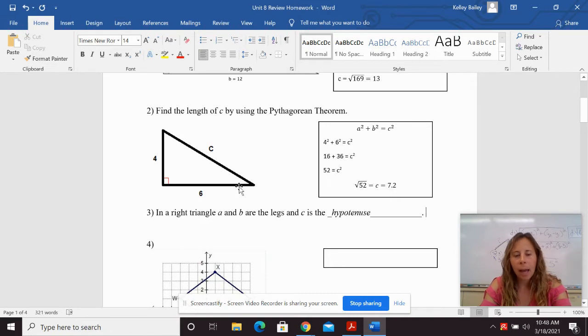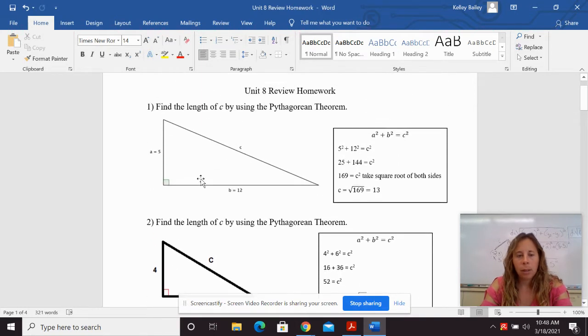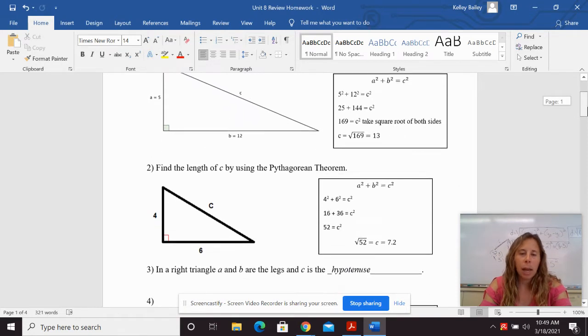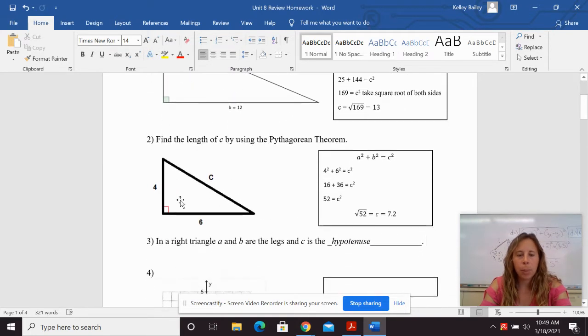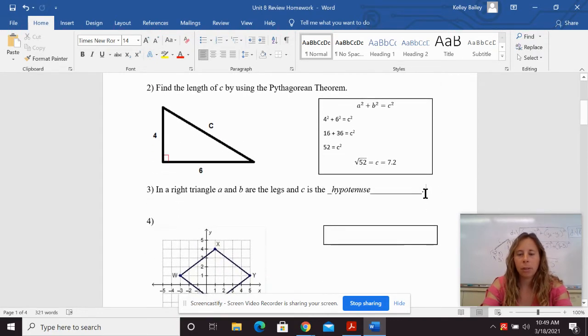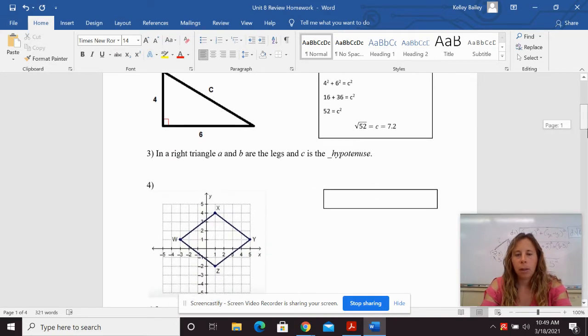It is the side across from the right angle. Here's the right angle, here's c. So it is the side opposite of the right angle. I do want you to remember that for future reference, but it is the longest side. It's called the hypotenuse. That's all I want you to do for number 3.